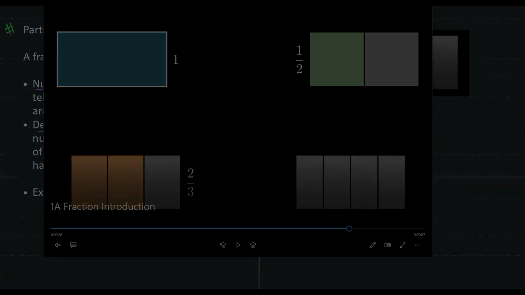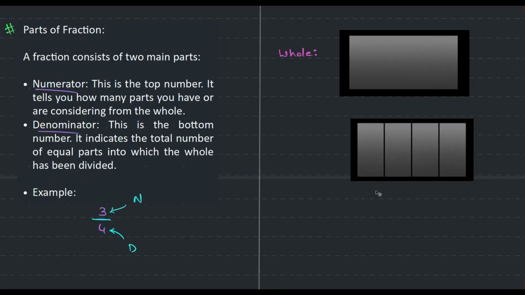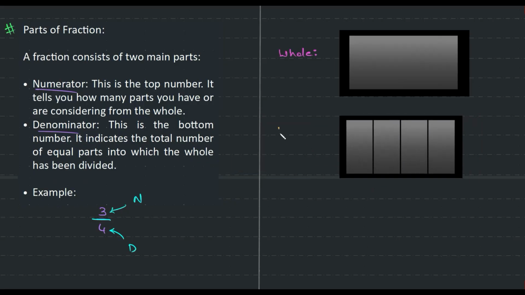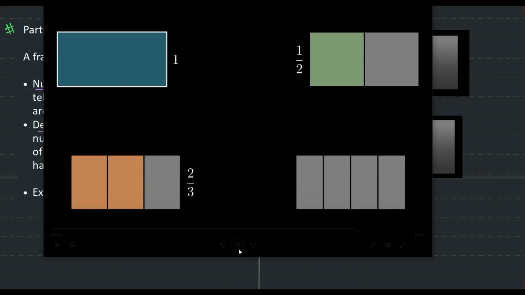Say we divided this, we made it into equal parts. So each of these is part of the entire thing, and all of these are equal. And now we will select and give.